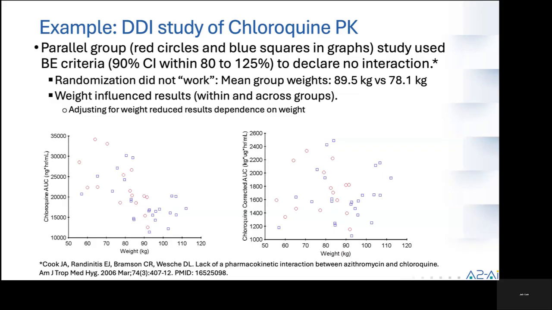Now, if one adjusts for those weights, you don't see that dependency anymore. And so we corrected chloroquine AUC simply by multiplying it by patient weight. And the graph on the right shows that there is no longer a weight influence on the outcome.